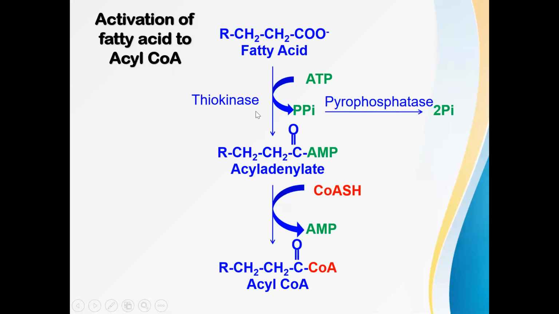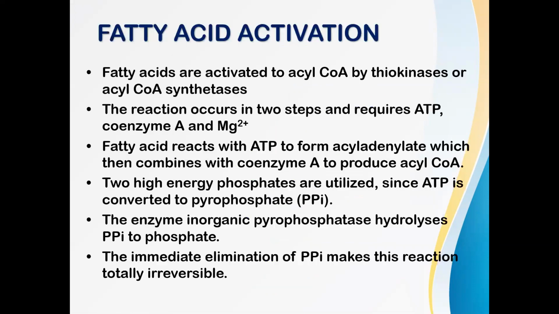And in this reaction, the enzyme that plays a role is thiokinase. Then this acyl adenylate combines with coenzyme A, AMP is released, and it is converted into acyl-CoA. So this is what happens in activation of fatty acid.